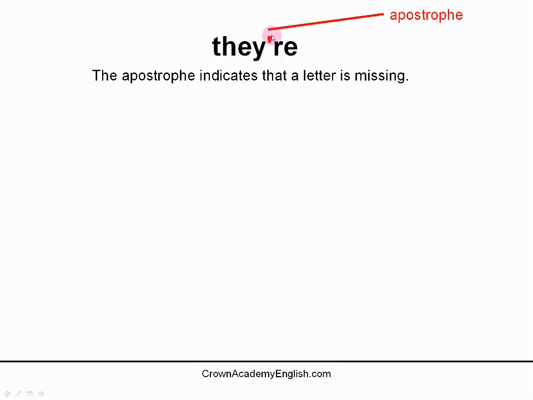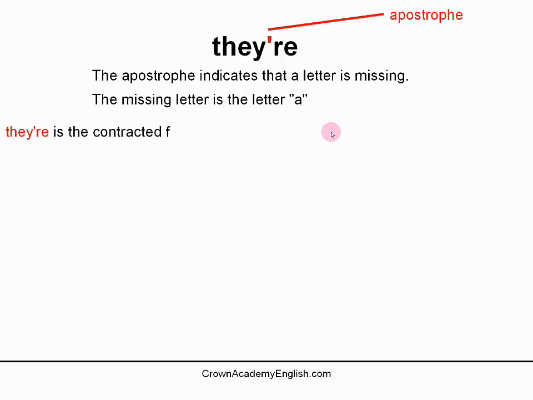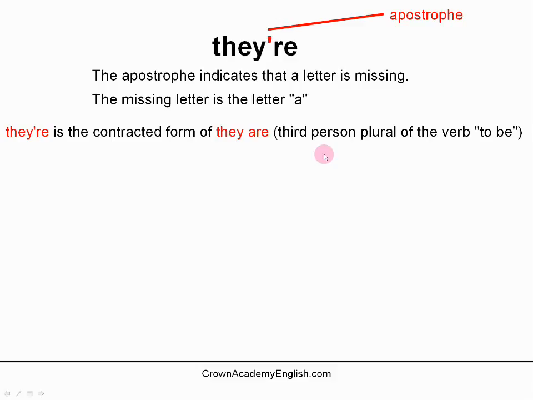So this red apostrophe is telling us that here is a missing letter. And the missing letter is the letter A. So they're, with the apostrophe, is in fact the contracted form of they are. So here is the full form with the letter A. They are. And they are is the third person plural of the verb to be.